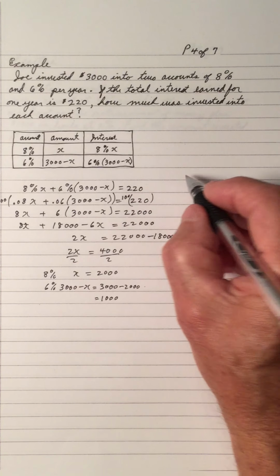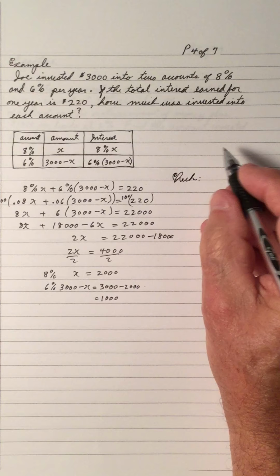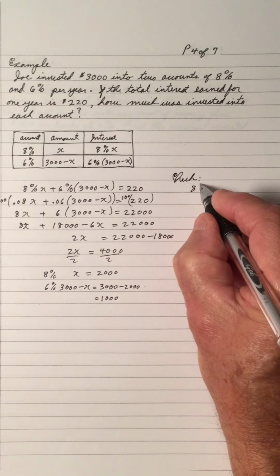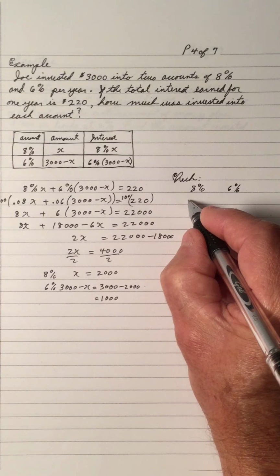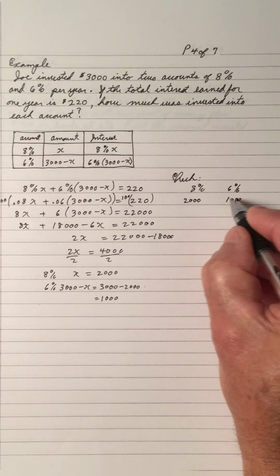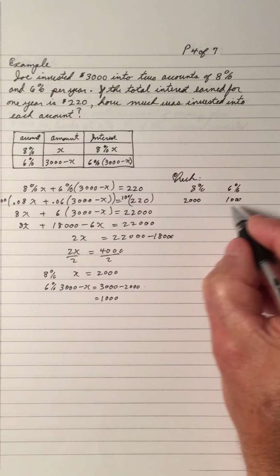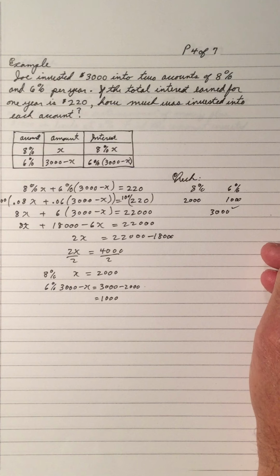So let's just check to see if this is okay. We got 8%, we got 6%. 8% is $2,000. 6% is $1,000. The sum of those two is 3,000. So that's okay.